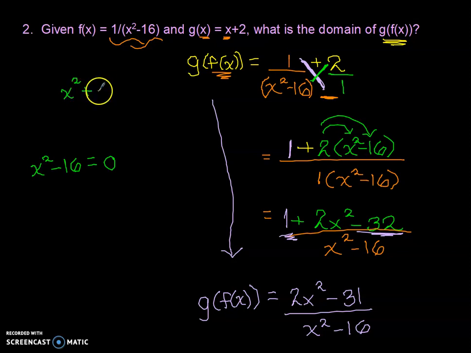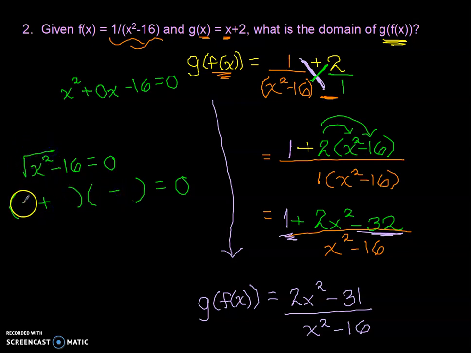So you're missing the x, so you could always put 0x in place of it and just factor from there. So these two mean the same thing. But if you have a difference of perfect squares, one is plus, one is minus, and you square root each one. So the square root of x squared is x, and the square root of 16 is 4. And you can always FOIL it and check, and it will bring you right back up to x squared minus 16.